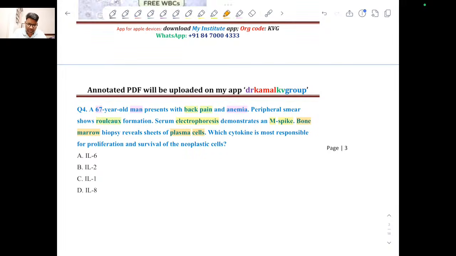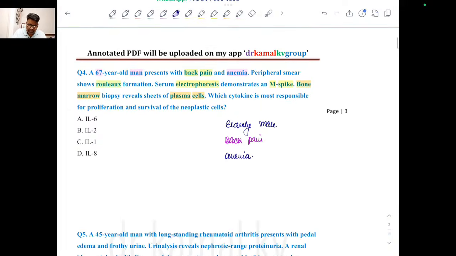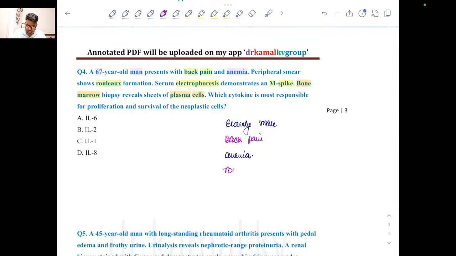Yes, this is multiple myeloma, very good. Elderly male, presenting with back pain, anemia, Rouleau formation, then M spike on electrophoresis, and plasma cells.